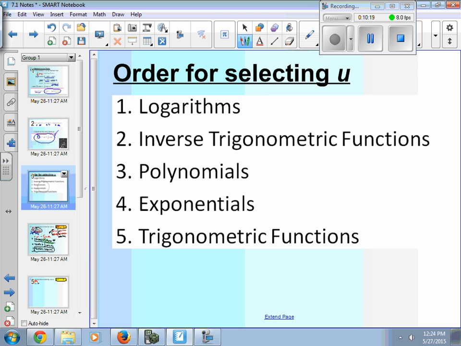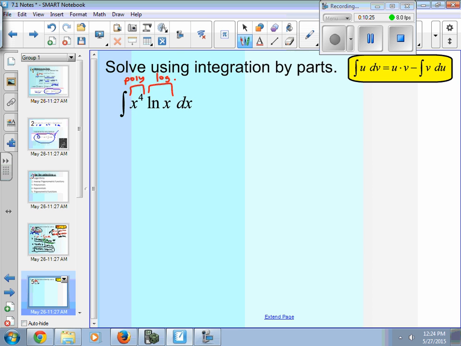If we go back to our list, which one shows up first? Well, number one choice is logarithm. So we have a logarithm on this one. That is what we are going to set u equal to, natural log of x. That means everything else is going to be set equal to dv, which would be x to the fourth, and there's also a dx over there too.